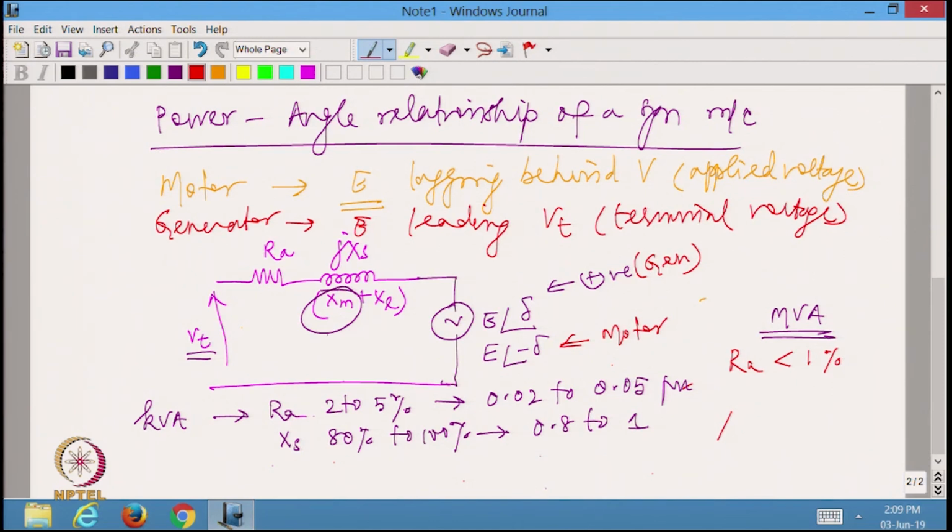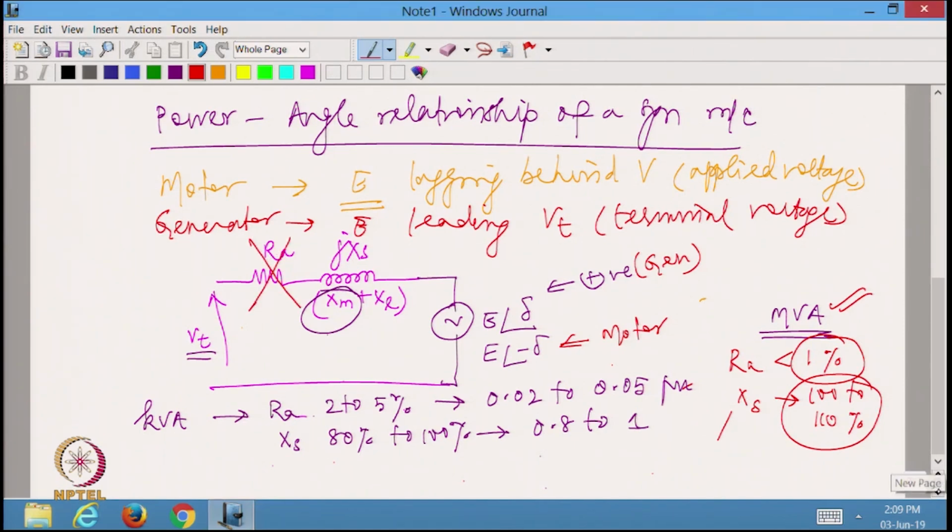It is going to be really small, whereas XS will be 100 to 110% or 120%. So, you can imagine this is really small as compared to this, even more so in the MVA rating. So, we can afford to neglect this. There is nothing wrong in neglecting the resistance.